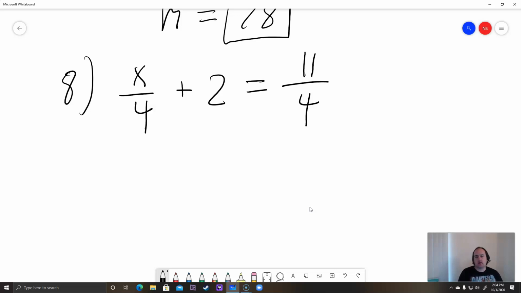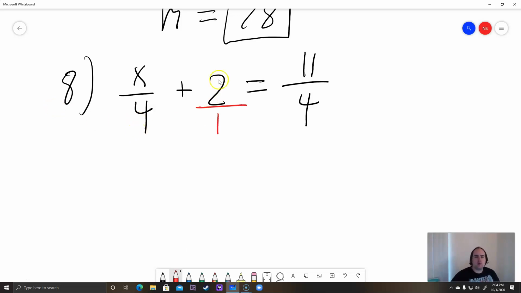Probably the easiest way to do this is, since we have a fraction for the variable, we're going to isolate the fraction for the variable first. So we're going to have to get rid of the 2. But remember that for the 2, if they don't write the denominator, it's automatically 1. So this is actually 2 over 1.